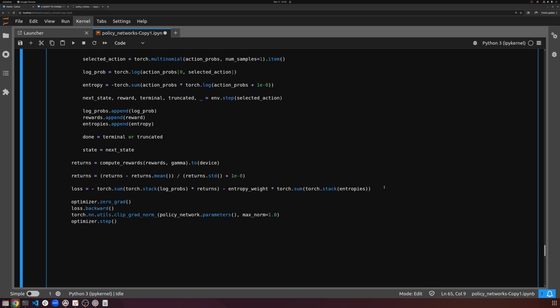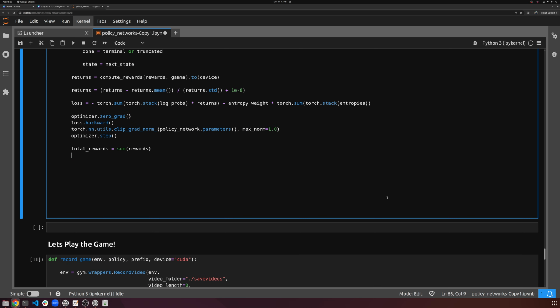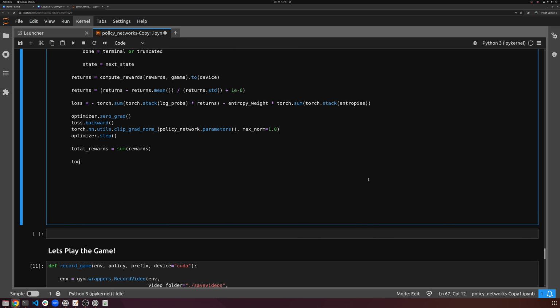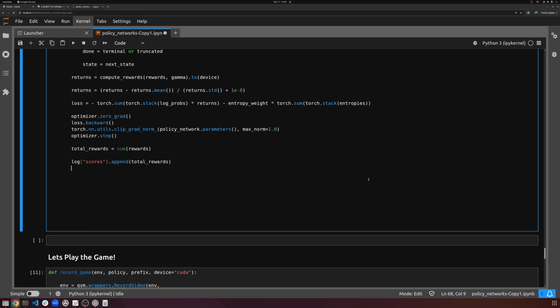our model. Our total rewards is going to be sum rewards, right? So this is the total reward we got along the entire game, right? So we can go ahead and add it all together. And then let's just store everything. So log scores.append(total rewards).